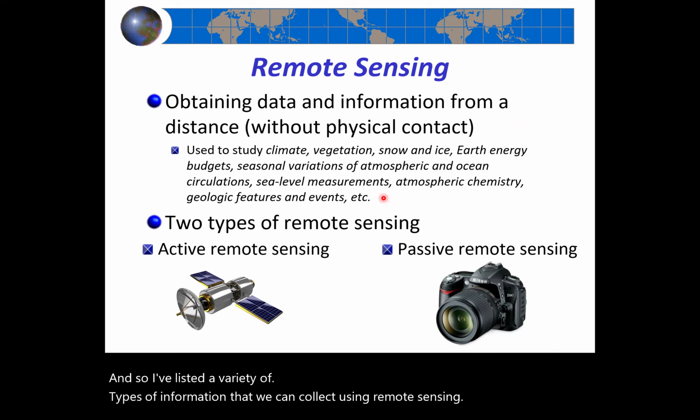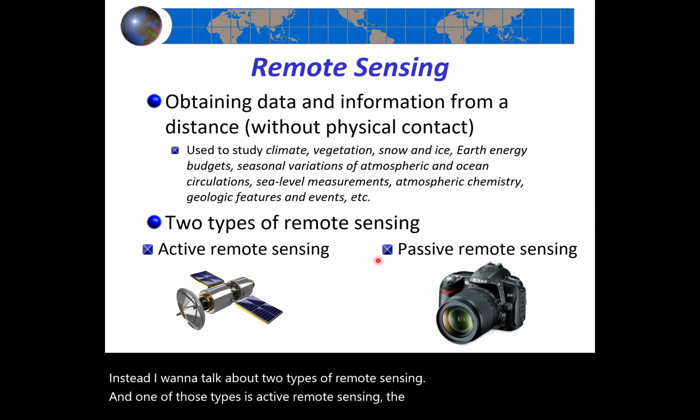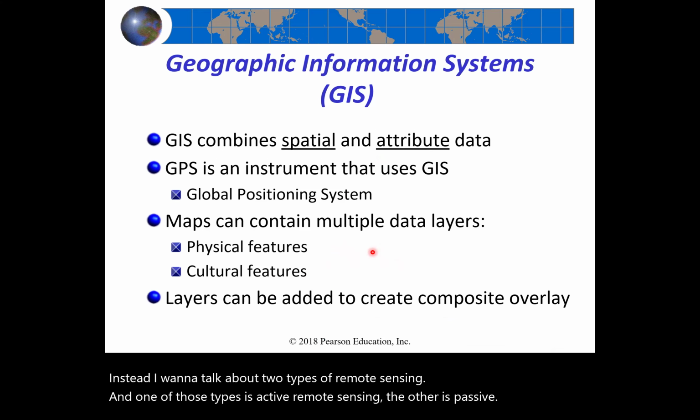I'm not going to read them out for you, but instead, I want to talk about two types of remote sensing. One of those types is active remote sensing, the other is passive remote sensing.